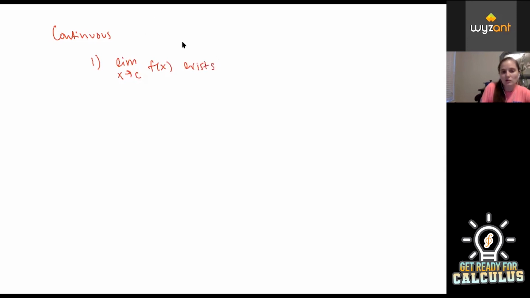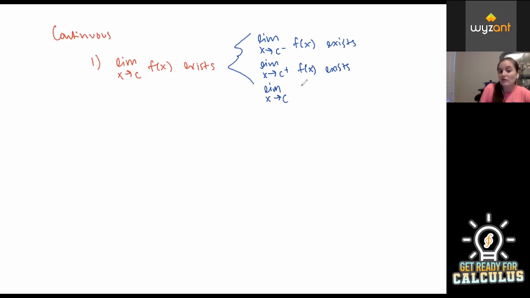That's kind of what we were talking about for most of today: the limit as x approaches c from the left of the function exists, the limit as x approaches c from the right of the function exists, and the limit as x approaches c itself exists. So more or less, the limit as x approaches c from the left has to equal the limit as x approaches c from the right.